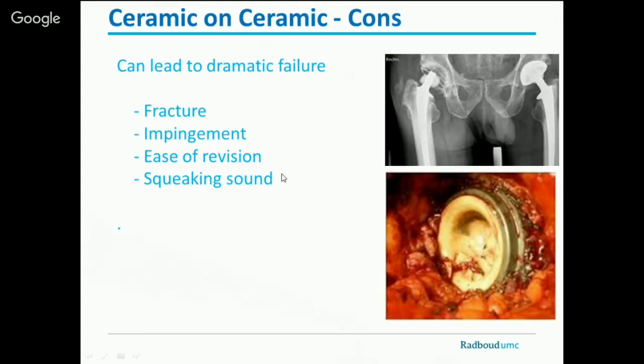Nowadays we have better ceramics which are tougher, so I think it's going in the good direction, but it's still quite an expensive joint, and I think a lot of orthopedic surgeons will not choose that option because it's very costly.